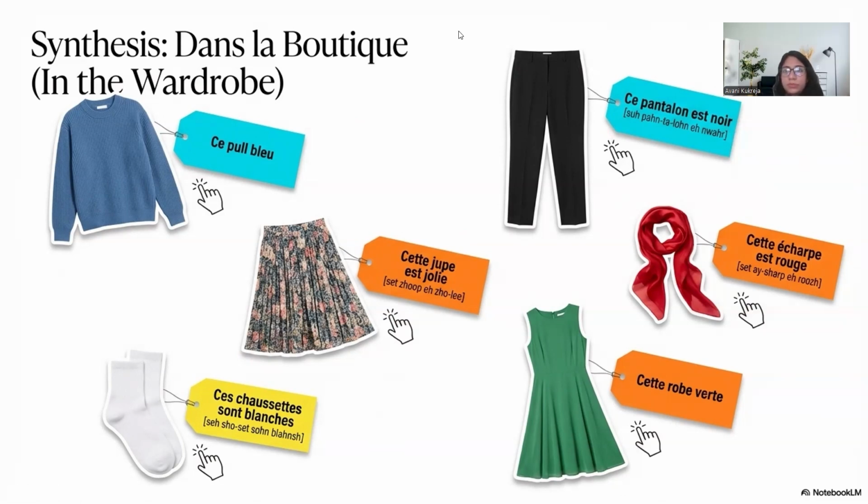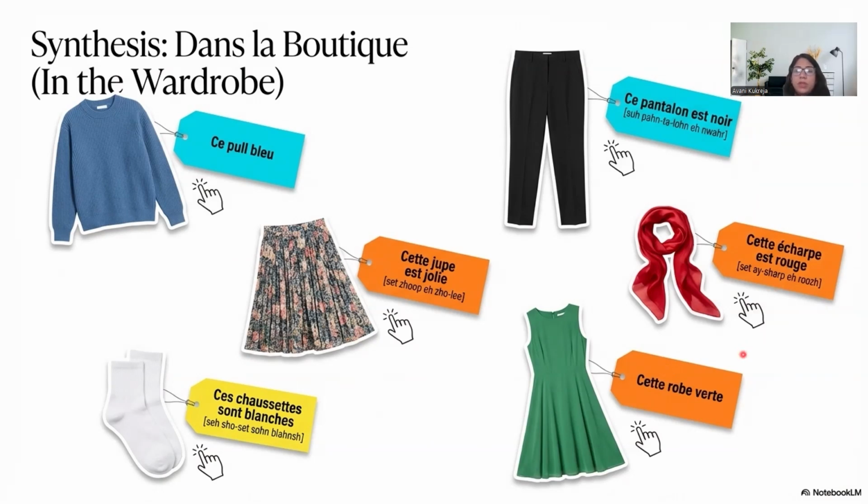Ce pantalon est noir. Cette écharpe est rouge. Cette robe verte. Now see, écharpe is a scarf, and it's feminine, so we are using cette, not cet, even though it starts with a vowel. Please remember that point, it is super important.